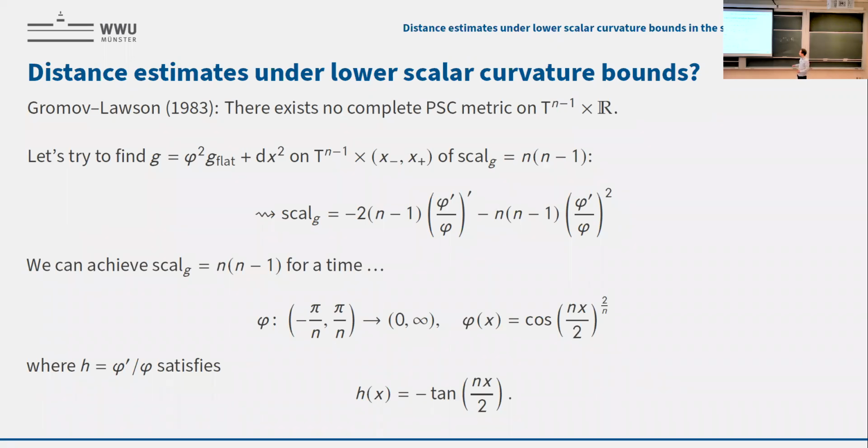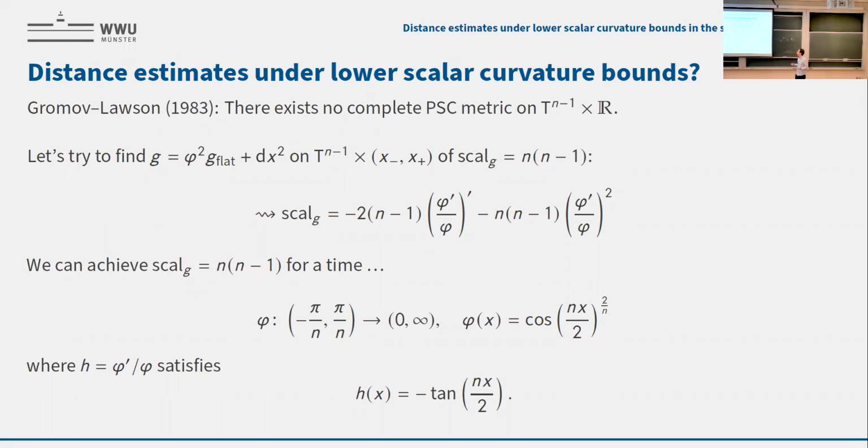And no matter what you do, if you do this kind of construction, you will not be able to go any further than an interval of length 2 pi over n. Okay, but that's just, I guess, the simplest construction you can imagine.